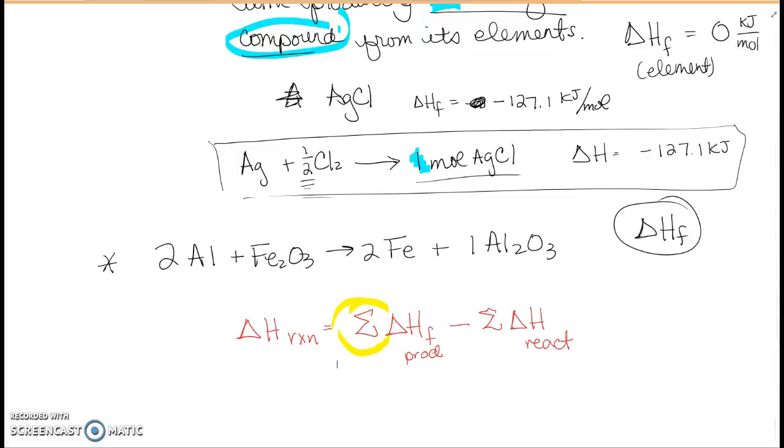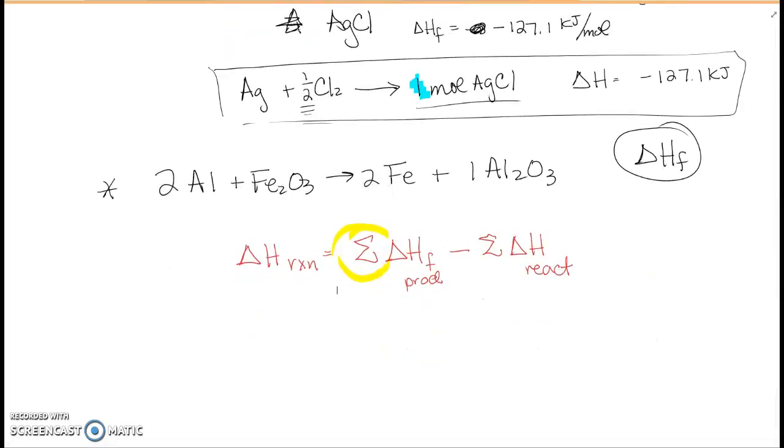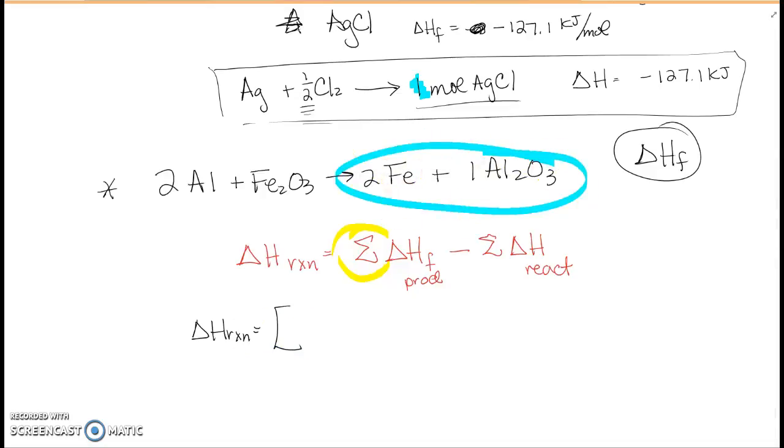So you have your book out, right? And you're looking at this large table in your chapter, and it's got heats of formation all over it. So here's what we're going to do. We're going to do by example. According to this, I'm going to take the sum of the heats of formation of my products, which is these guys. So I have 2 moles of iron times the heat of formation of iron.